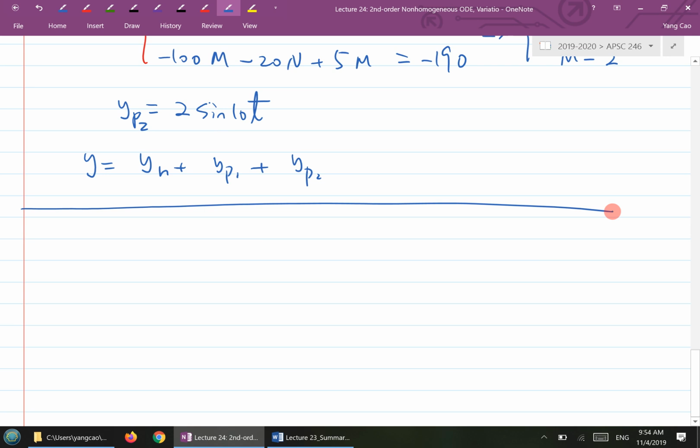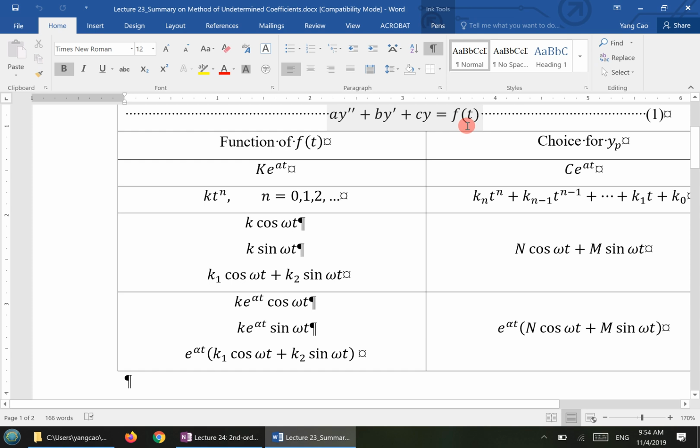The limitation is that your input f of t has to be in an exponential form, or a polynomial, or a sinusoidal, or a combination of exponential and sinusoid. If f of t is in this kind of format, perfect.